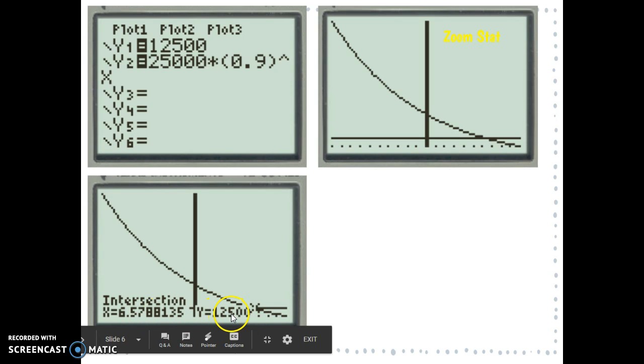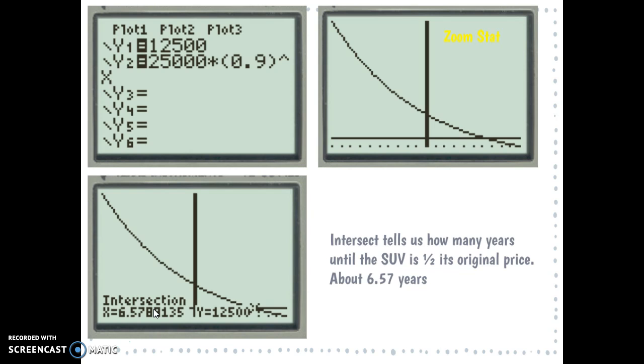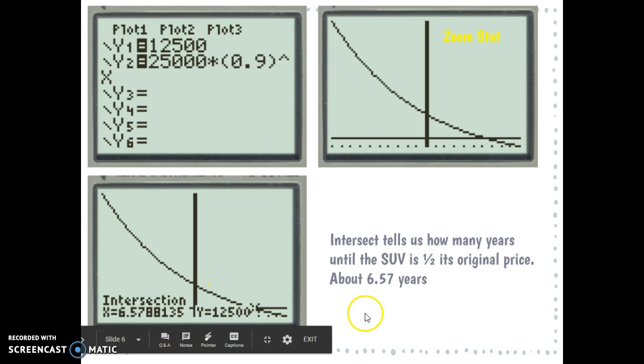So our Y value definitely is at 12,500, and we have quite a long value here for our X value. So we're going to round that and say that the intersect tells us about how many years until the SUV reaches half its original price. And I've typed in about 6.57, but really when I round it, it should be about 6.58. So sorry for that typo, that should be an 8 right there.